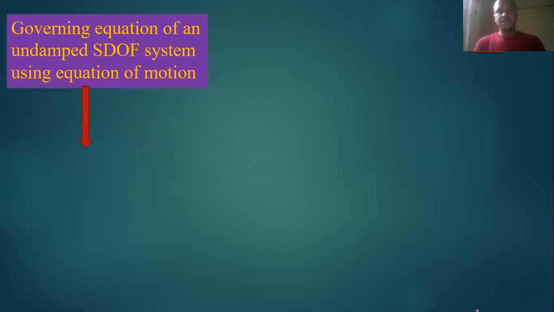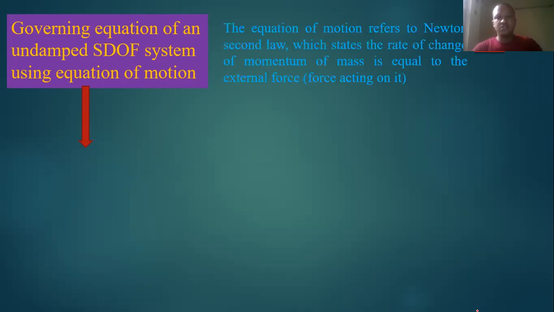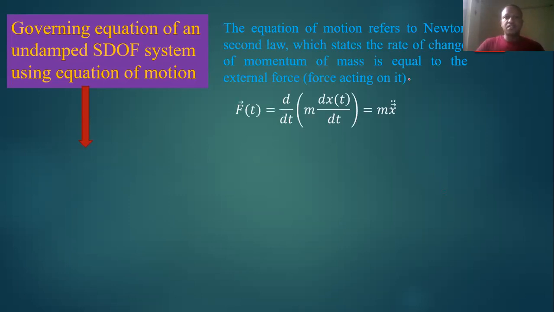So let's see the governing equation of an undamped system using the equation of motion. That equation of motion implies Newton's second law, which states the conservation of momentum. d over dt of m dx(t)/dt, that is momentum, which is equal to m x dot.